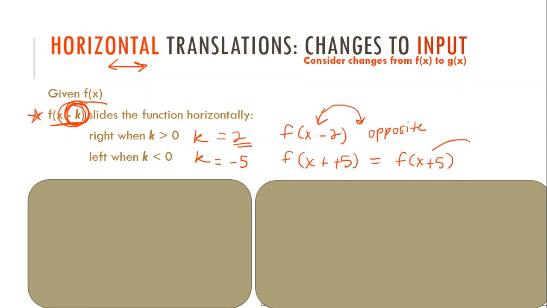And again, that sign is opposite what we're really doing. So if we're moving right, which would really be in the positive direction, because right on the x-axis is the positive direction, when we look at the function notation, it's going to show a minus 2.